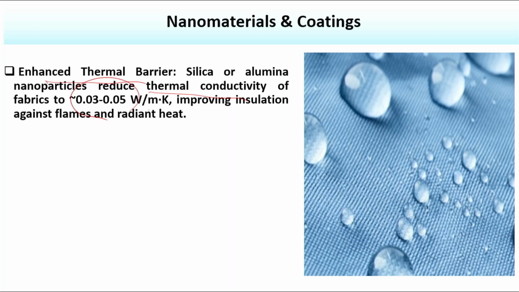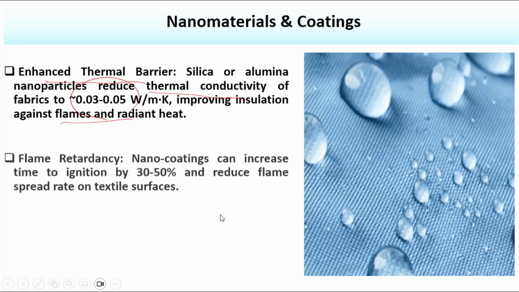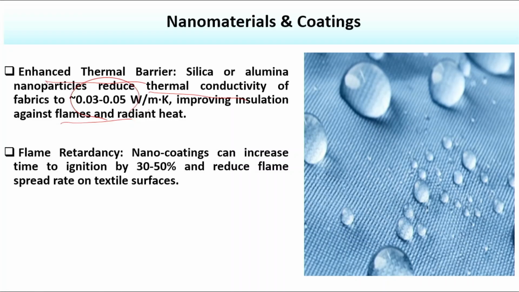If we coat the fabric with silica or aluminum nanoparticles, it will increase the insulation against flame or radiant heat. Nowadays nanomaterial coating is used to provide this.